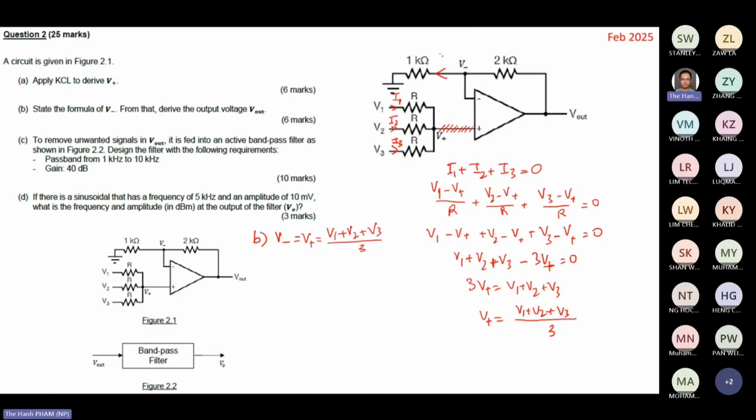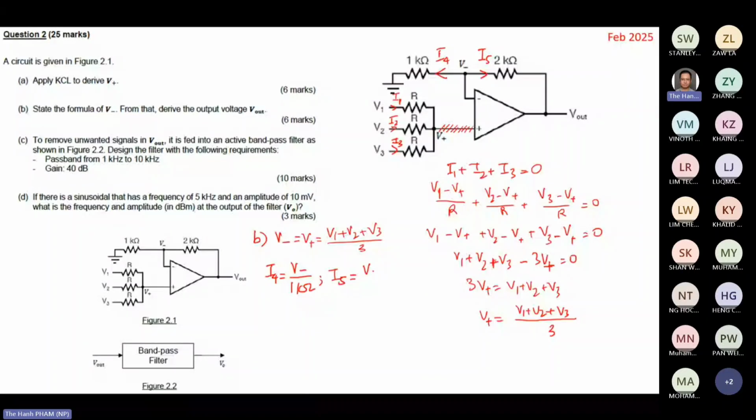I call this current I4, and imagine this one is current I5. The current I4, very simple, is V minus divided by 1 kilo ohm. And the current I5, by Ohm's law, is V minus minus Vout divided by 2K.